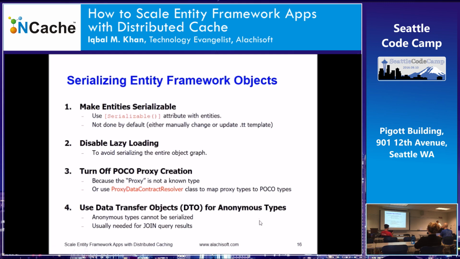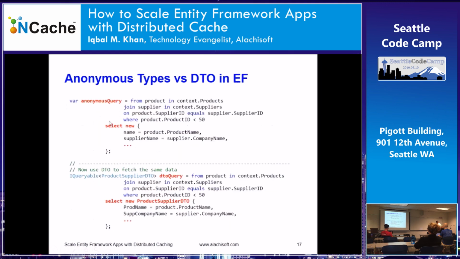Here's an example of an anonymous type. So when you do something like this, a type is created at runtime, which is only specific to that process. And if you save that type into the cache, it will get saved, it will get serialized. But when another process tries to fetch it from the cache, it will no longer have that type. So it won't be able to deserialize that into an object form.